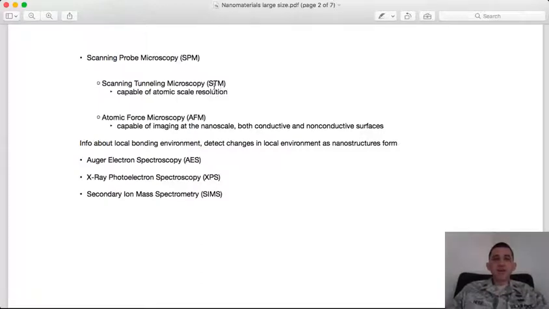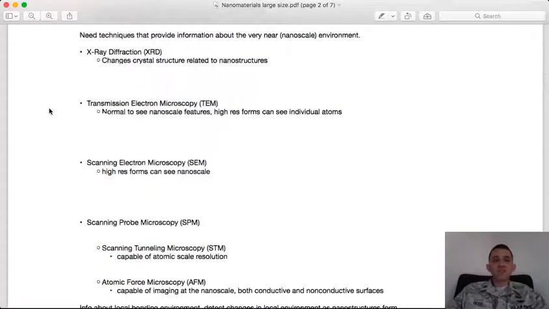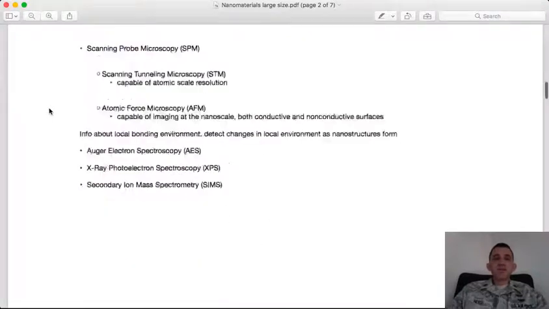We talked about these in 680, but to quickly review, right? Scanning probe microscopy, instead of having a beam of something interacting with the surface and then looking at how that beam changes, takes advantage of near field interactions. So you've got a very sharp probe that comes into very close contact with the surface and detects some change in that probe.